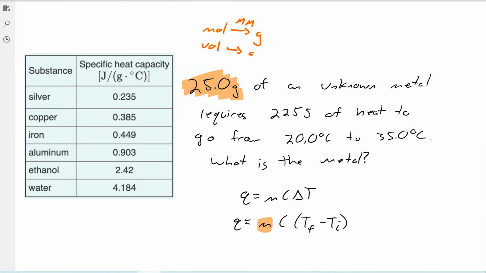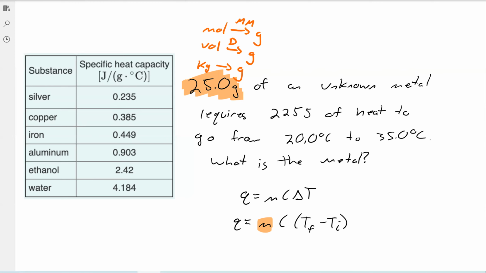I could have given you a volume, like 25 milliliters, and then to go from volume to grams, you'd have to use density. Or I could have given you, for example, kilograms, right? Maybe like 2 kilograms of material, and then you'd have to convert from kilograms to grams, which we know how to do. So just think about the different ways that I could plug in different numbers.